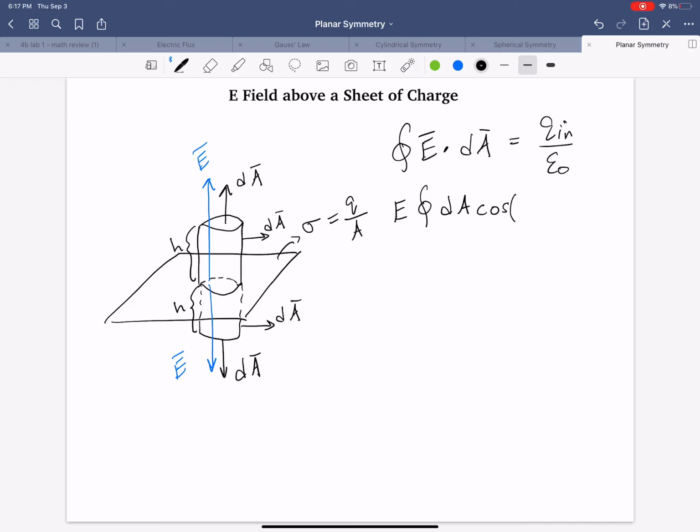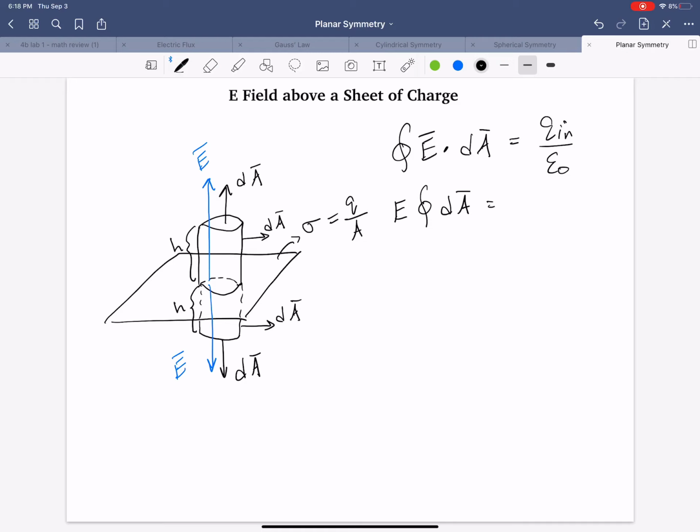And in both cases, the electric field and the area vectors are parallel. So thus we have a cosine of 0. Okay. All right, let me hold off on that for one step.